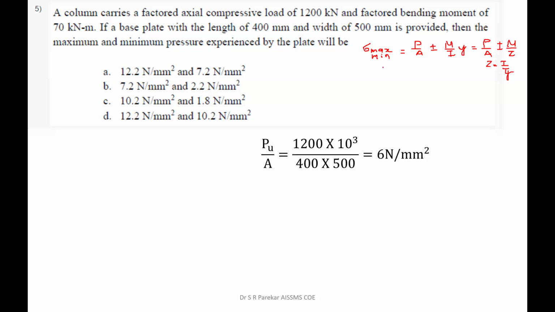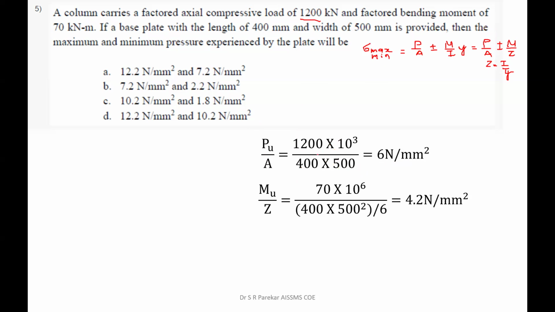So now in this, first P by A, that is Pu upon A, 1200 into 10 raised to 3, the axial load given, divided by 400 into 500. So 6 Newton per mm square. Then find the value of Mu by Z. Mu is given as 70 into 10 raised to 6, divided by BD square by 6, where B is 400 and D is 500.